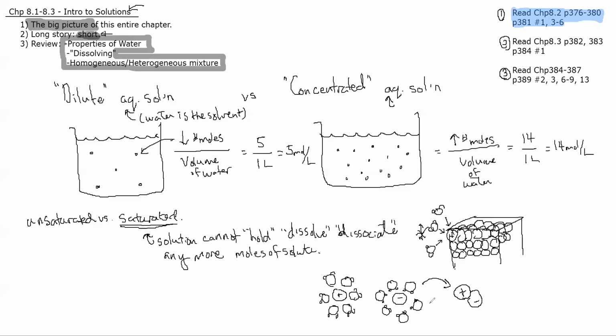Well, no. Let's get a different color so you can understand what I'm trying to say. If this water molecule comes here, and this one comes here, and this one comes here and starts to pull the cation away from the anion, that's great and all, but in turn that will start to expose the ion that was already surrounded.